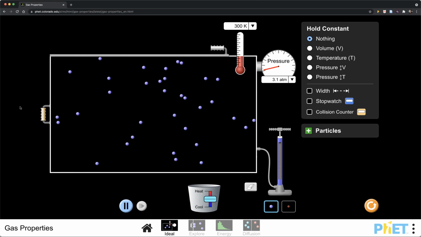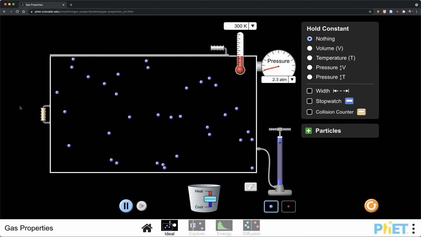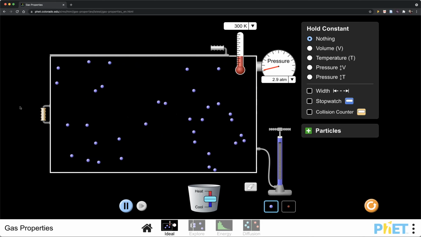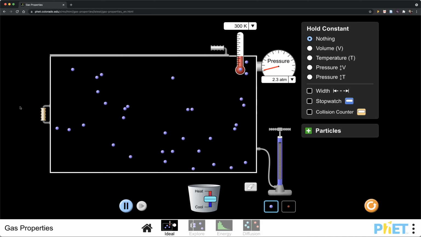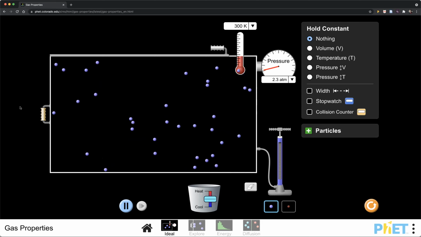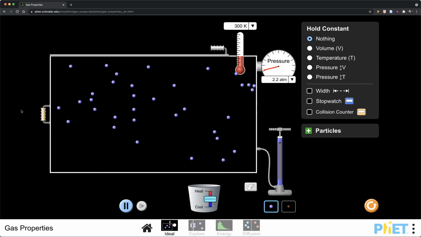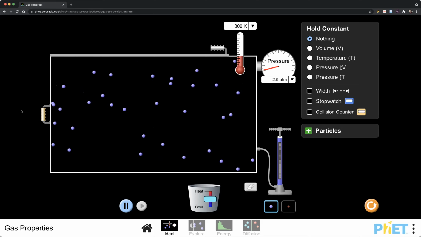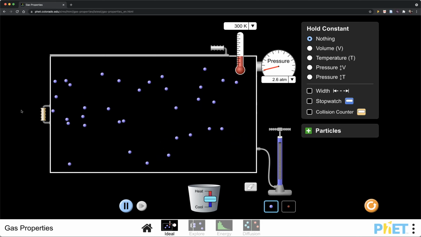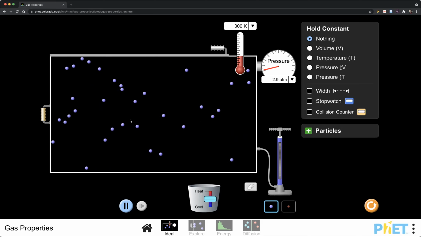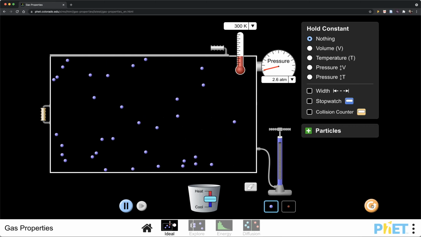The volume increased and the pressure decreased. In other words, pressure and volume are inversely related. And the main reason that the pressure did decrease is because the molecules have a further distance to travel before they encounter the object or the walls of the container.